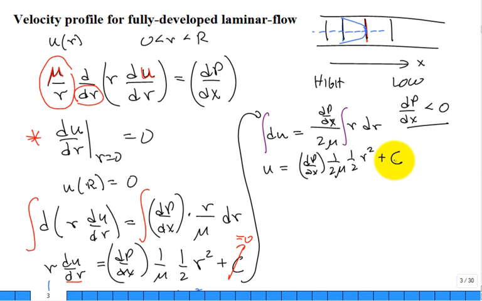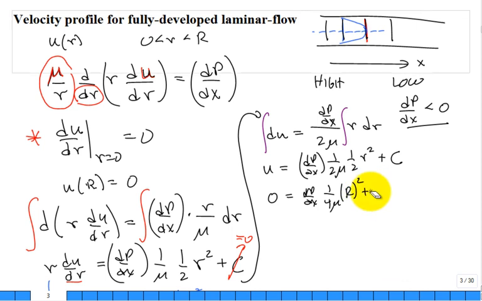Okay, at this point you can say, what is my constant? Well, apply the second boundary condition: u at lowercase r equal to cap R, the outer radius, is equal to 0. So 0 is equal to dp/dx, 1 over 4 mu, cap R squared, plus C, or C is equal to the negative of all that.